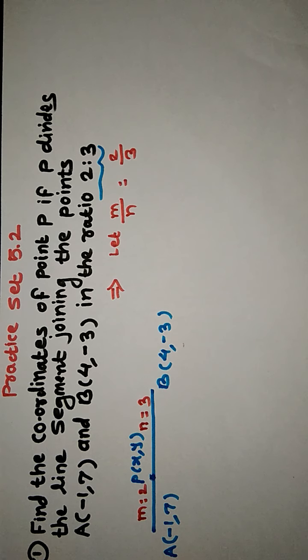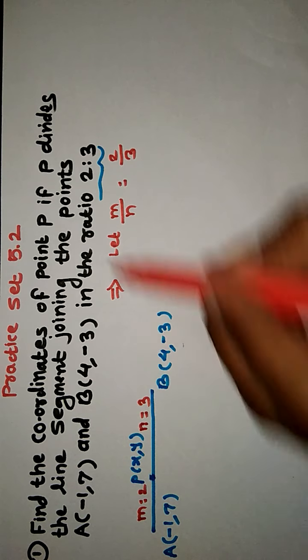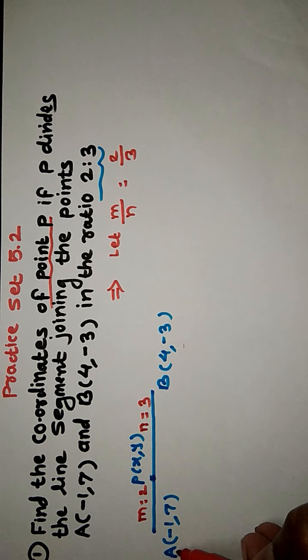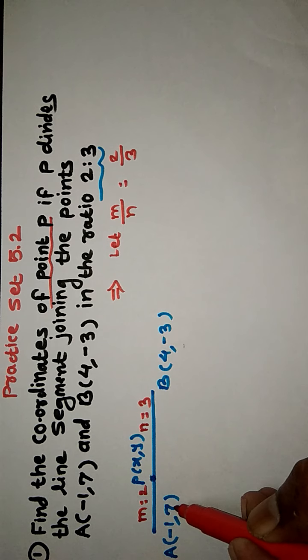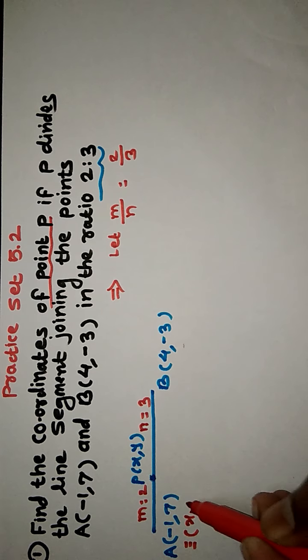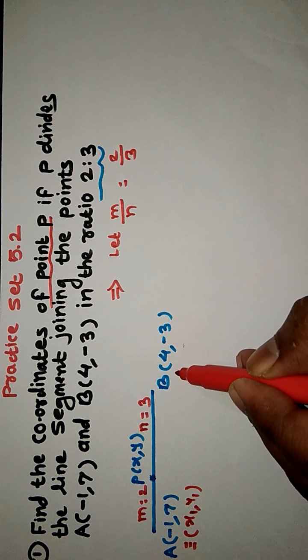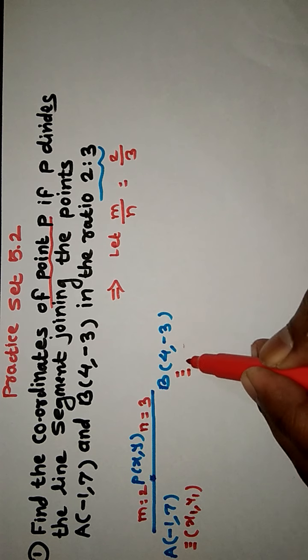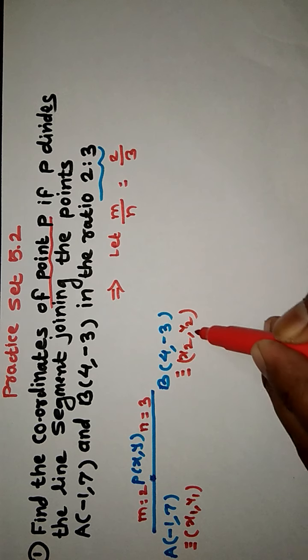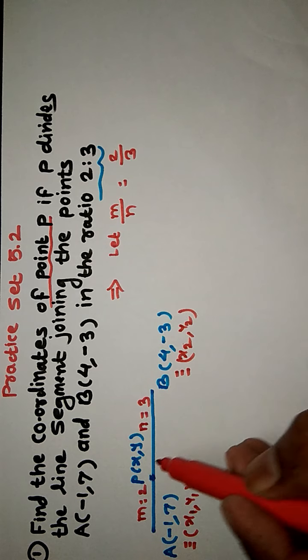This is given. Now our aim is to find the coordinates of point P. Suppose A(-1, 7) is assigned x1, y1, means this is x1, this is y1. B(4, -3) is assigned x2, y2, means this is x2, this is y2.